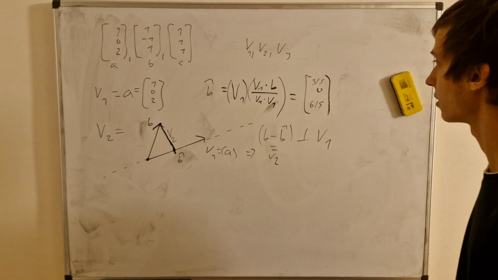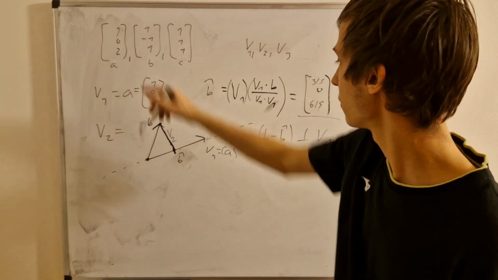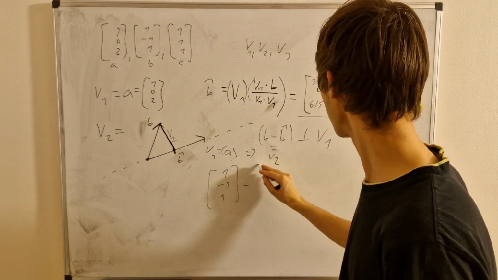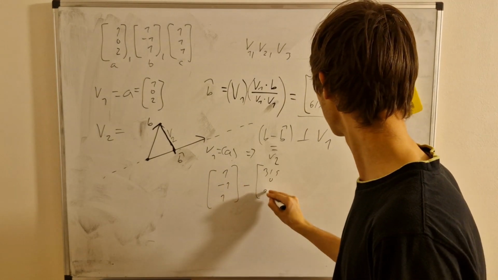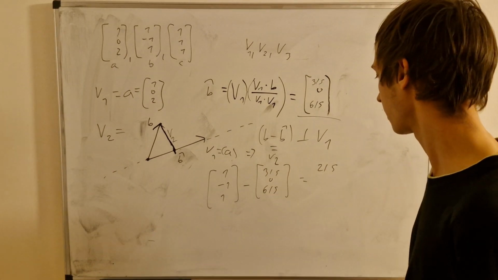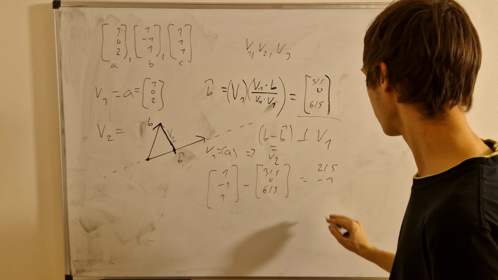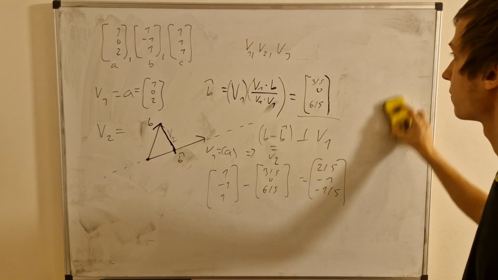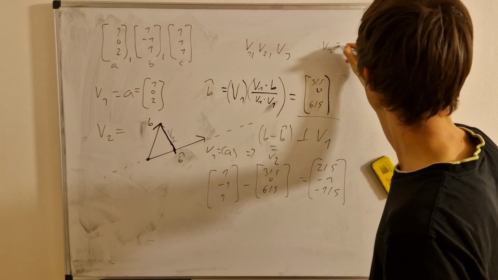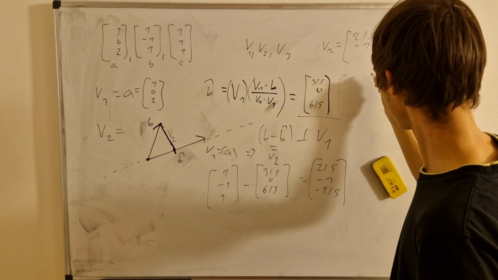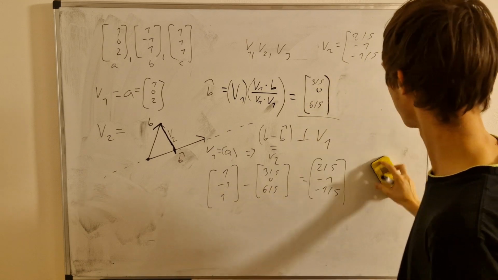B minus B hat. So use this B hat and subtract it from B. 1 minus 3/5, 0 minus 0, 2 minus 6/5, which is 2 over 5. So that's V2. So we got V2, I will write it here, out of the range so it doesn't take space.